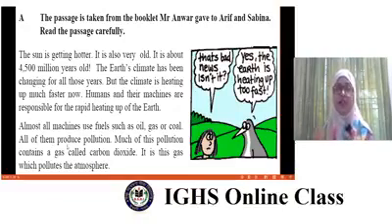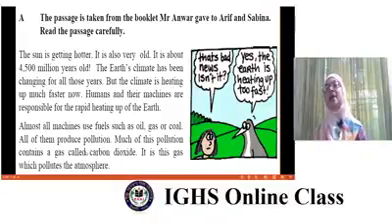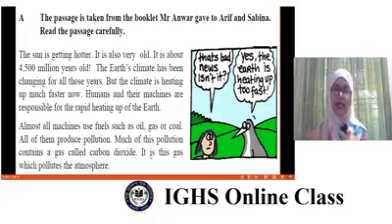All these machines, all these fuels produce pollution, and much of this pollution contains a gas, এবং এই যে পলিউশনটা তৈরি হয় তার মধ্যে একটা বিষাক্ত গ্যাস থাকে যার নাম হচ্ছে কার্বন ডাইঅক্সাইড. And you have understood that this carbon dioxide is responsible for polluting the atmosphere.